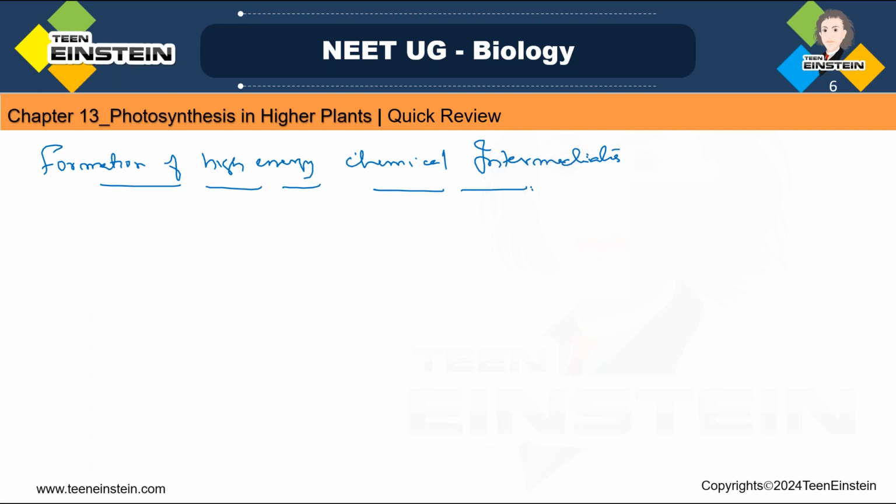They are reduced molecules which provide energy during biosynthetic phases. These high energy chemical intermediates provide energy, that's why we are saying high energy chemical intermediates. They are providing energy during the biosynthetic phase.